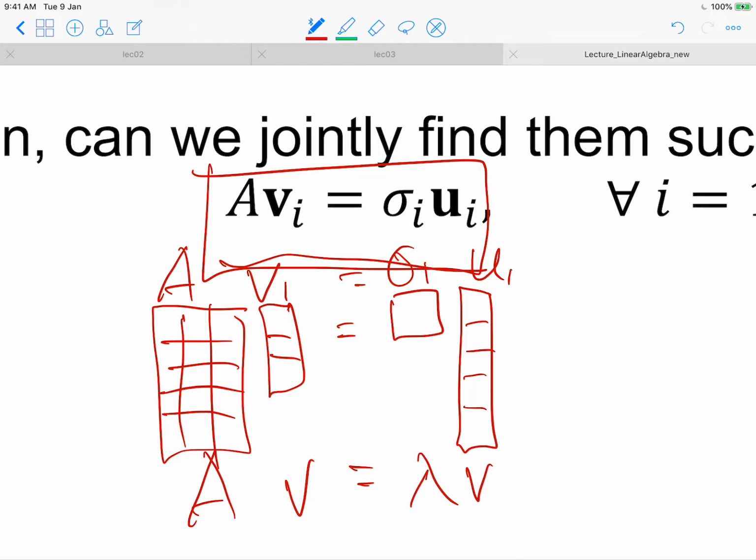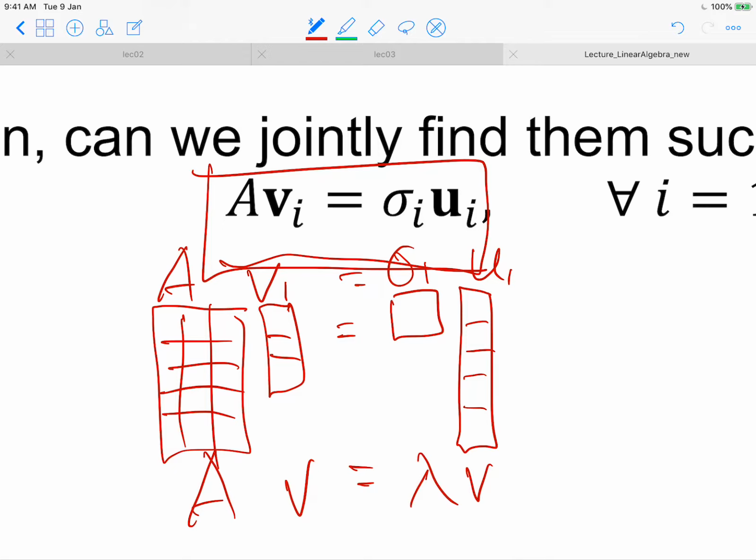Okay, but we are now dealing with two different spaces, where the input is a three-dimensional space and the output is a five-dimensional space. Now we have orthonormal right singular vectors, for example 3 orthonormal singular vectors, and each is mapped to its own orthonormal left singular vector.